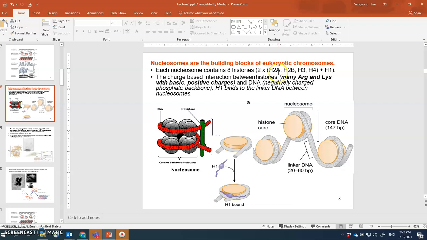We call them H2A, H2B, H3, H4, and then you double that. And then there's H1 sitting outside. So the H1 protein right there is holding this together. DNA goes around twice. So that's H1 protein, the histone core, and the nucleosome structure.